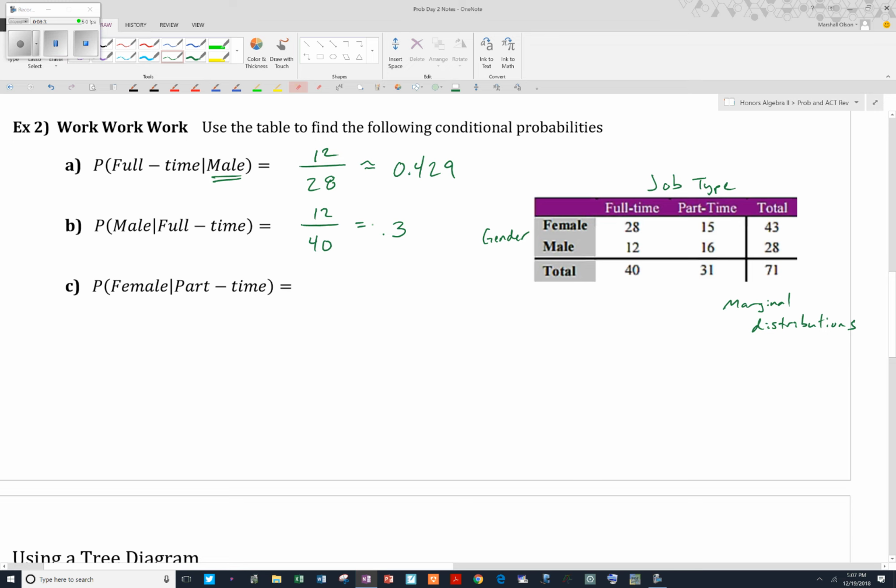Exactly 0.3. So last one here, probability that they're female given that they're part-time. All right, part-time is our given. So we're looking right there. 31 is our denominator. How many females were part-time? 15. So then we're going to have about 0.484 here. So that's getting conditional probabilities from a table.